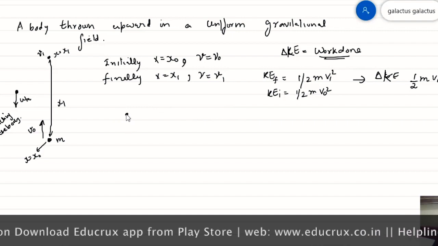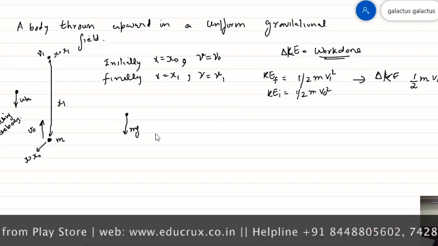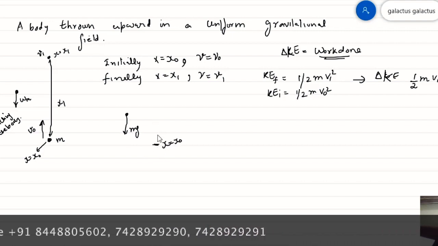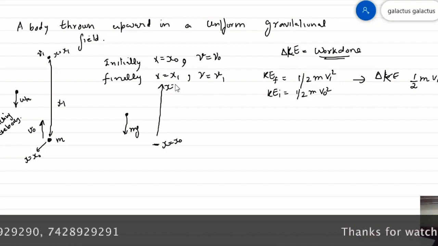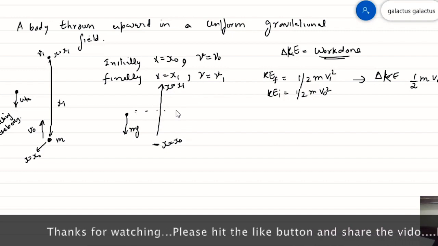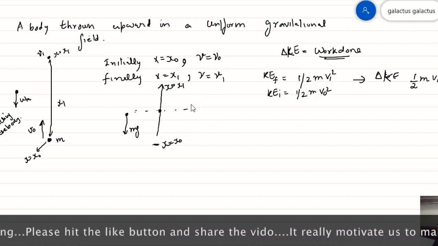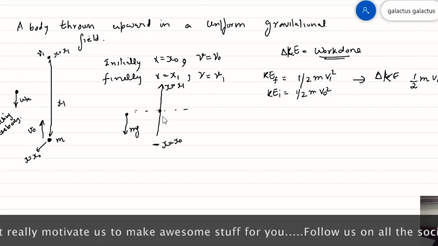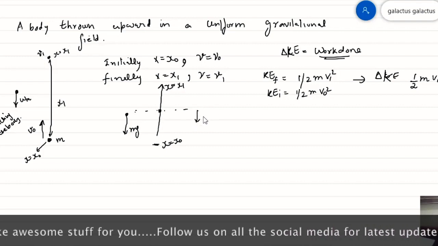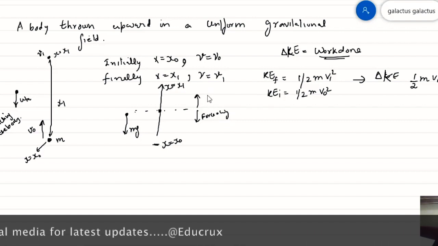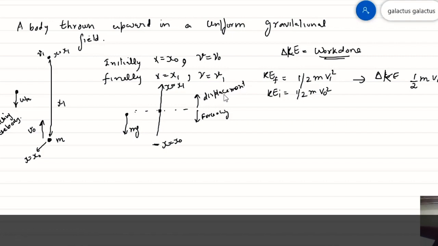The only force acting on the body is mg in the downward direction, and the particle is moving from x is equal to x naught to x is equal to x1. At any point, the weight of the body is downward and the body is trying to move upward. So the force is in the downward direction and the displacement is in the upward direction.